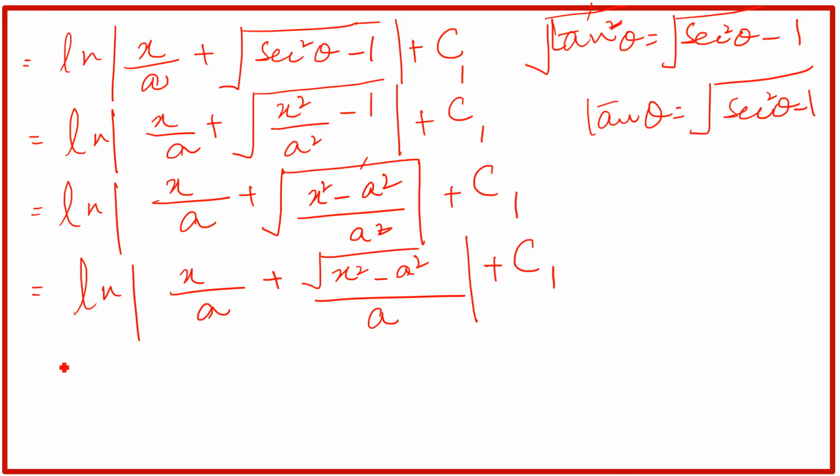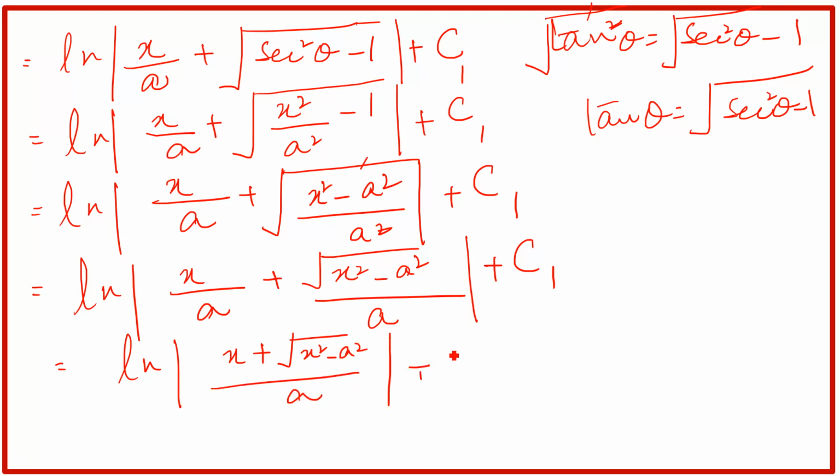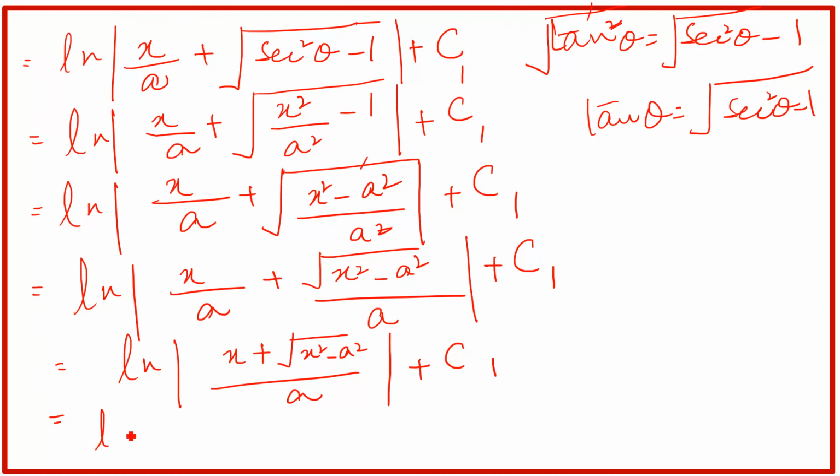Now see, again it is a fraction, so again we will take the LCM. It will be x plus square root of x square minus a square, divided by a, plus c1. Now from here we will use the formula, which is equal to natural log of, we will take numerator separate and denominator separate, this minus natural log of a plus c1.